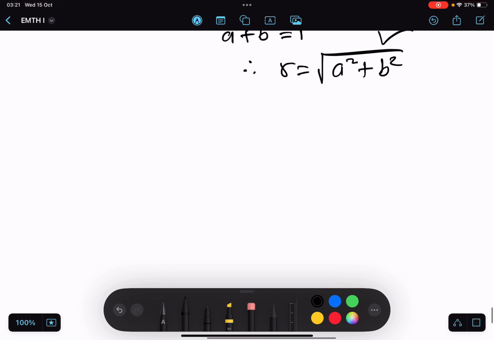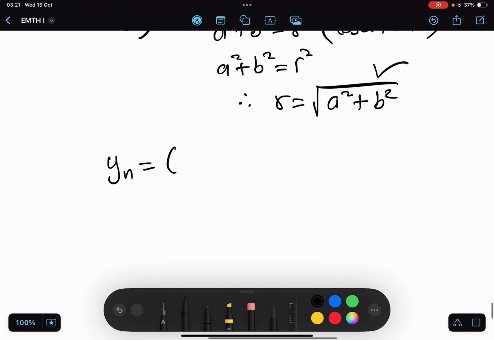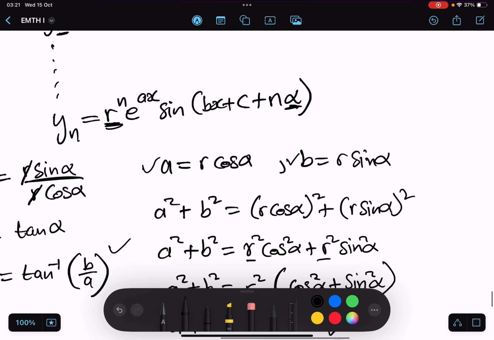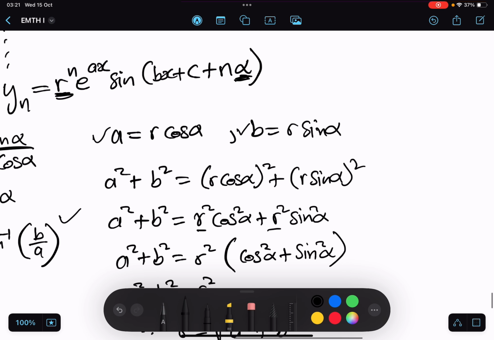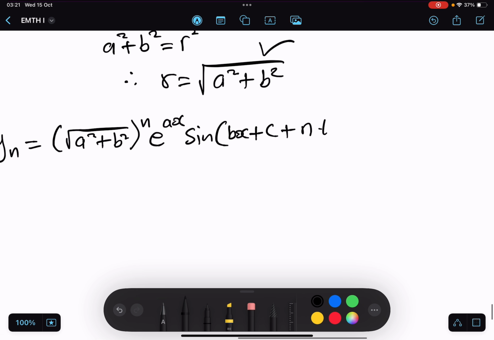So we can write it as yn is equal to (root of a squared plus b squared) to the power n, where there is r here, and then e^(ax) sine (bx plus c plus n, and then where there is alpha, we substitute tan inverse of b over a).